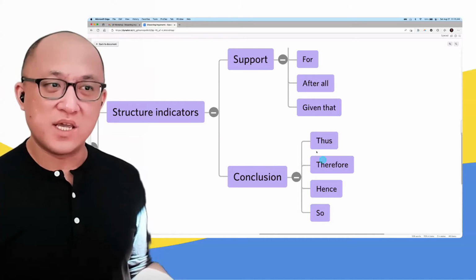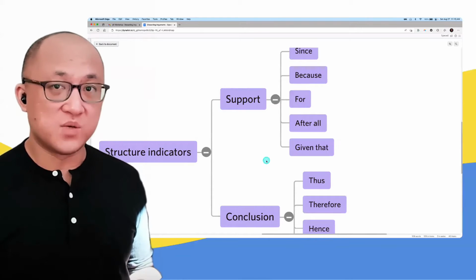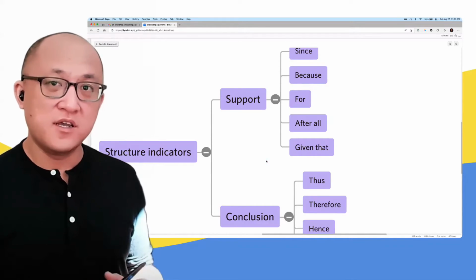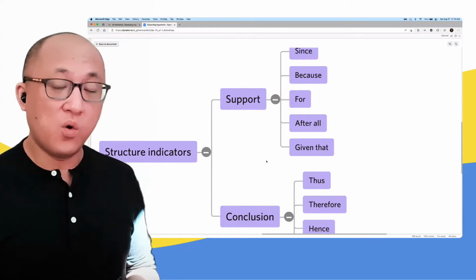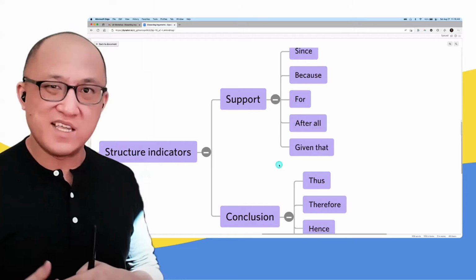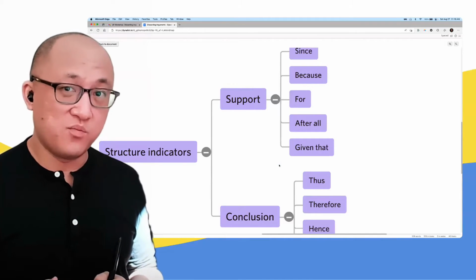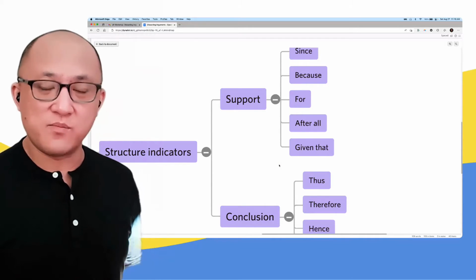And then similarly, when you have the phrase for, well, the part attached to the for would be a support, but then the other part of the sentence would be a conclusion. Or if the word for begins its whole sentence and stands on its own, then the line right before the for would be a conclusion. All right. So we'll look at some examples of all of this.